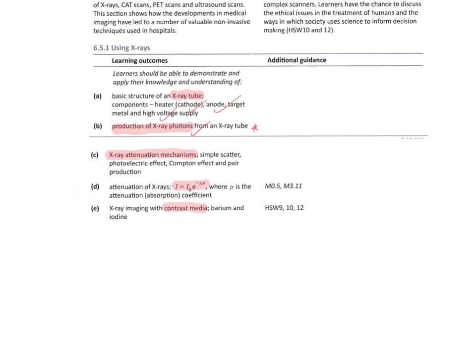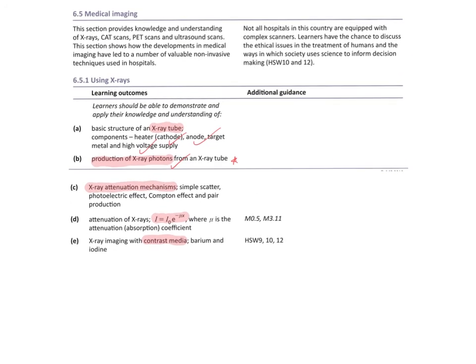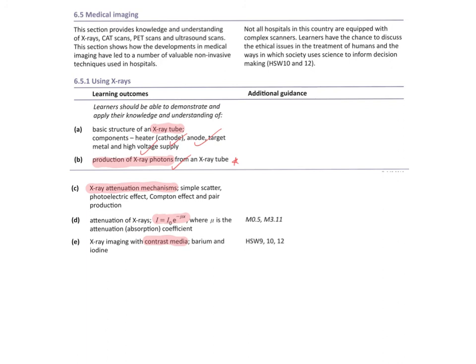So this is a bit of a summary. I have spoken through the X-ray attenuation mechanisms, where we've seen simple scatter, which is when the energy of the X-ray photon doesn't usually get changed. We've seen the photoelectric effect, which is mostly used in X-ray imaging in hospitals, and Compton and pair production, which are usually used in therapeutic use of X-rays.